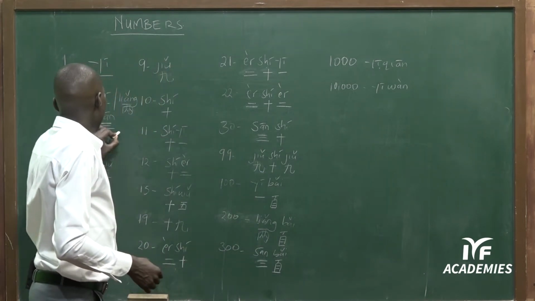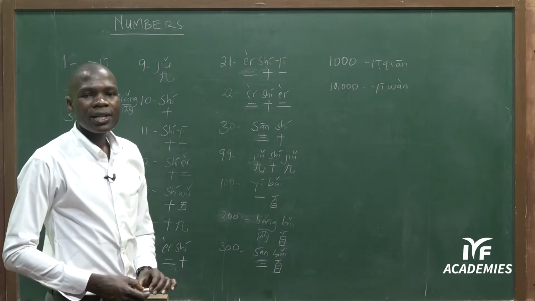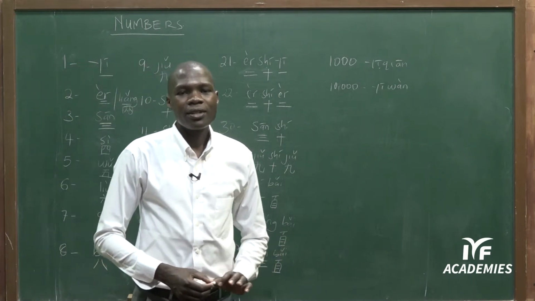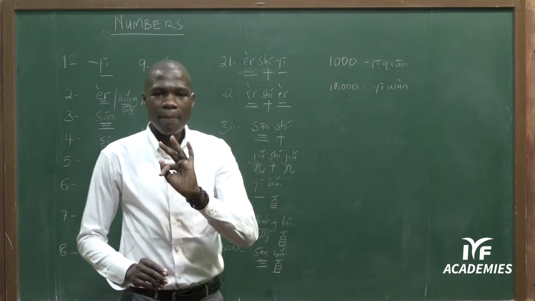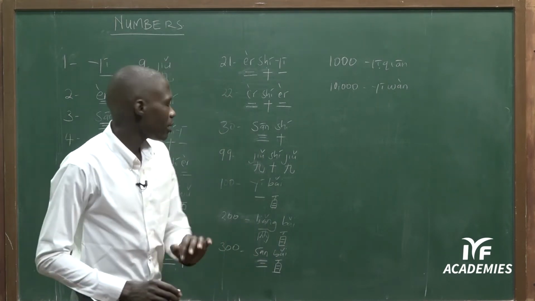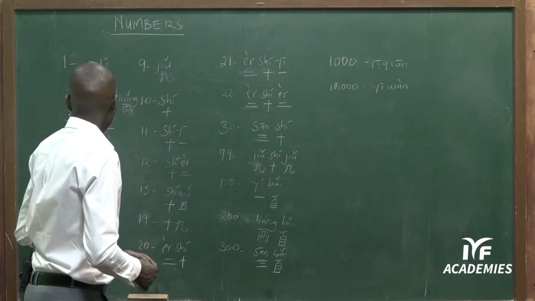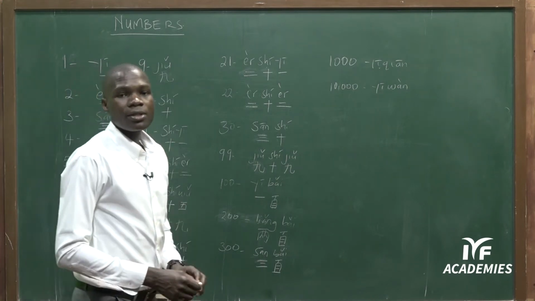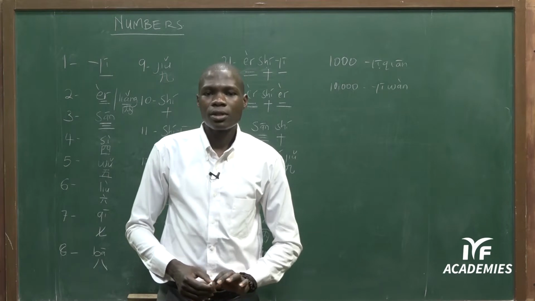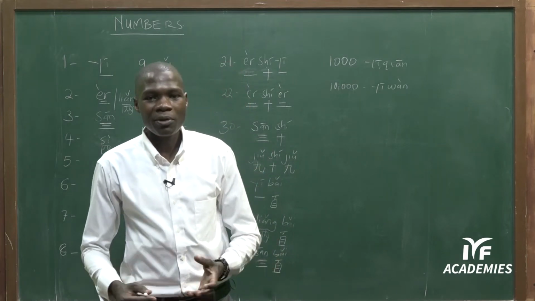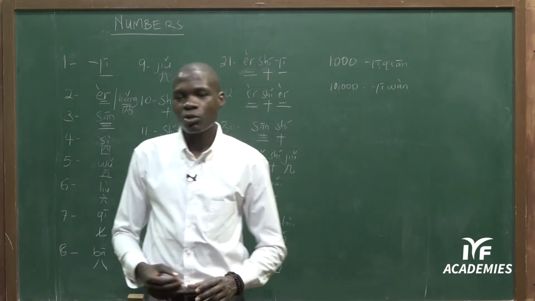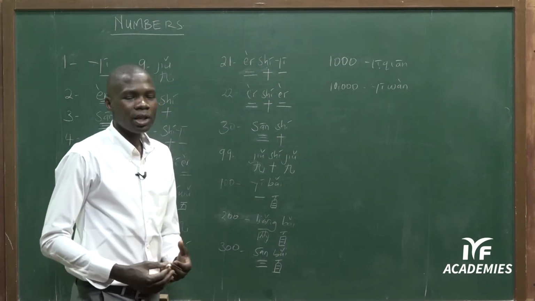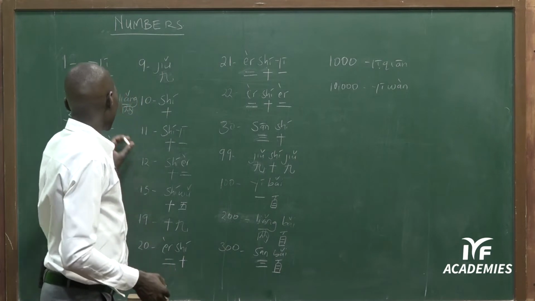Then number 3 is san. So san means number 3. Number 3 means san. Number 4, si. Most Chinese people don't like number 4 because they think number 4 sounds like the syllable for death.